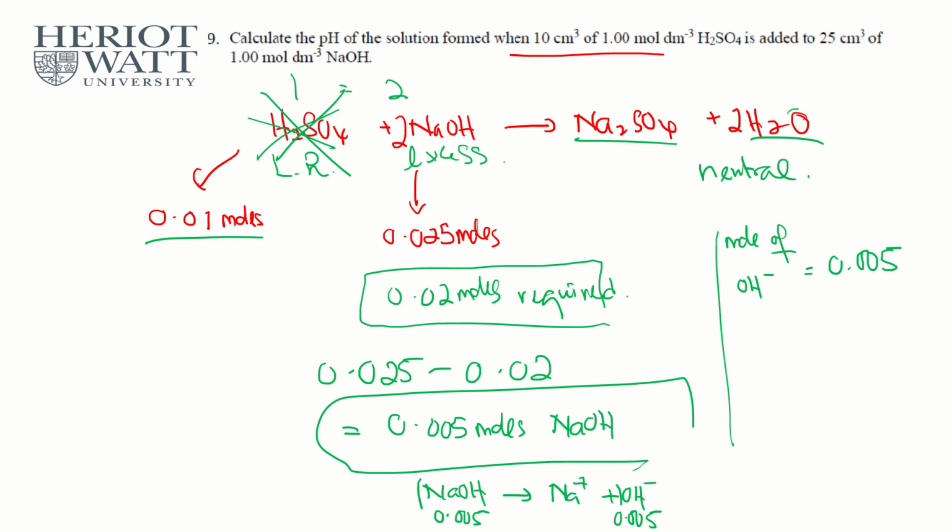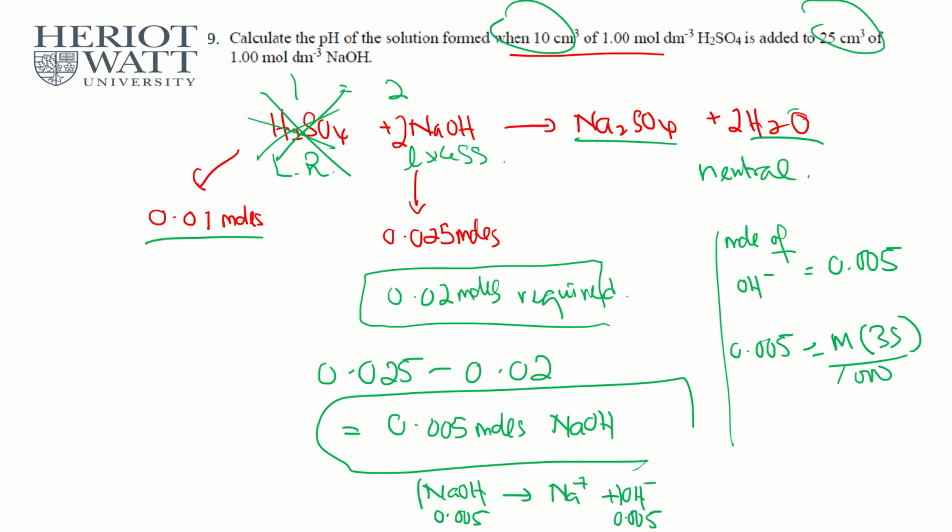Okay, to calculate the pH or pOH, we need the concentration. So next, convert into concentration. 0.005 equals MV. Now what is the V, guys? You mix two solutions together. Of course, the total volume is 10 plus 25, so 35 over 1000.